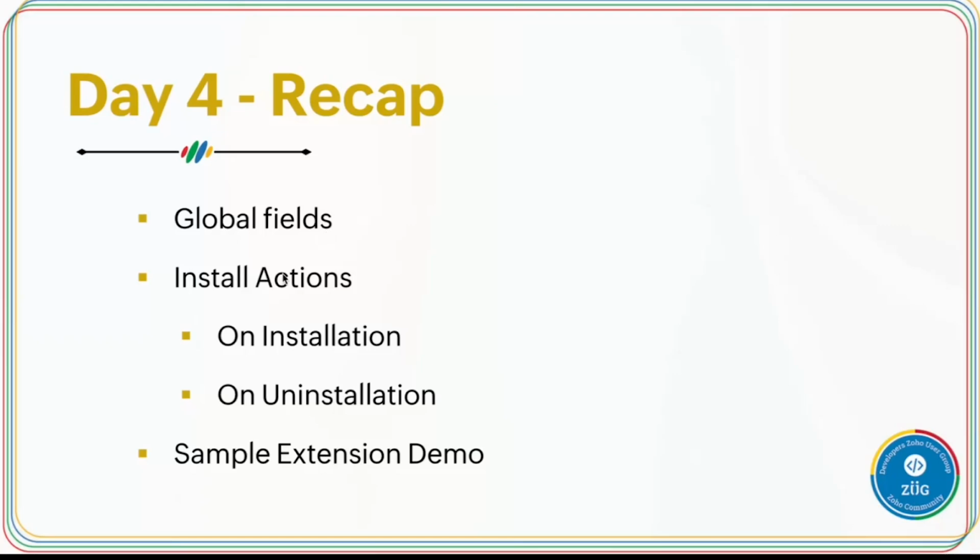And with install actions, we can create customizations to occur on installation or uninstallation of the extension. Finally, with an example use case, we demonstrated how to create global fields and install actions as part of the extension building process. Now, let's get into today's session.